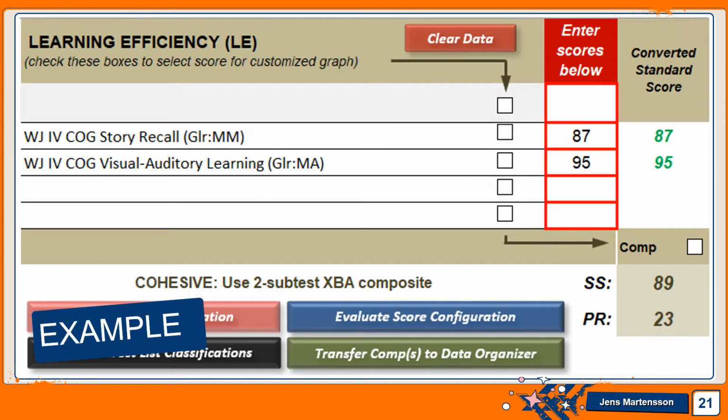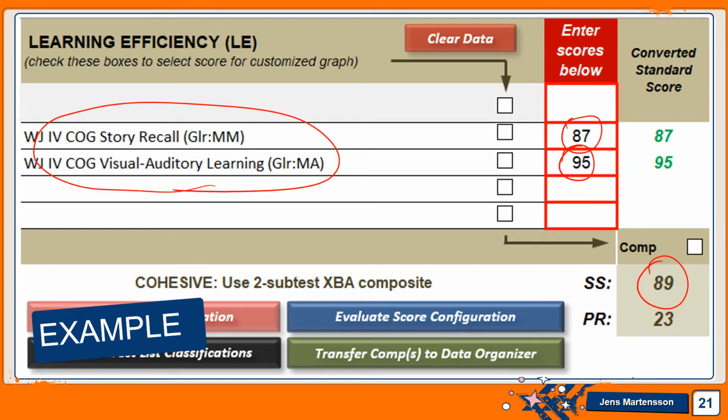So here we go, here's an example. This is based on a student that I did this year. I gave story recall and visual auditory learning from the WJ COG. He got an 87 and a 95. It gave me a composite of an 89. They were cohesive. So an 89, not lighting the world on fire, but certainly not low, low, low, right?